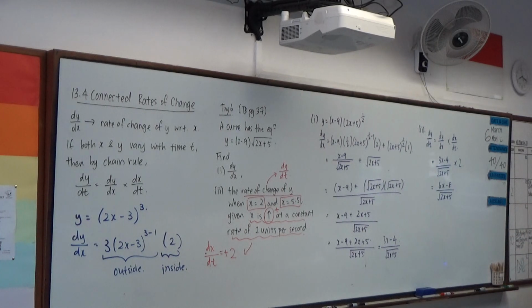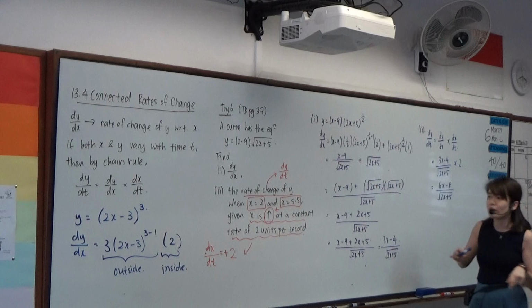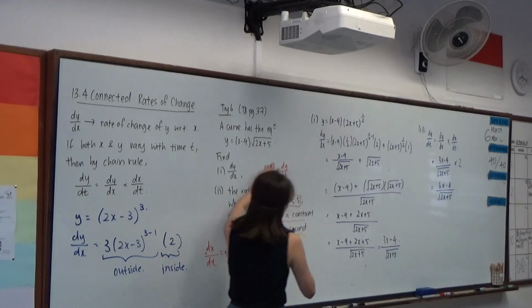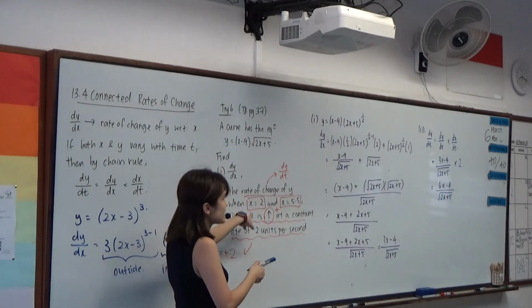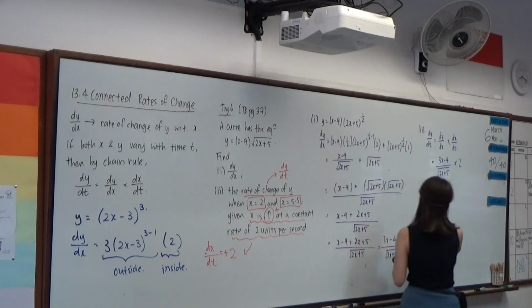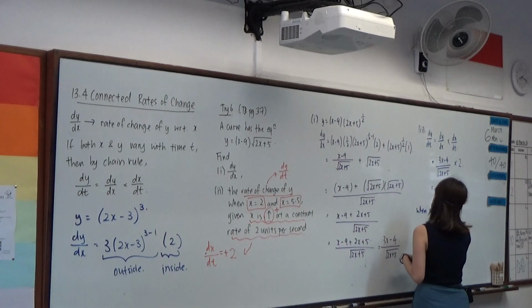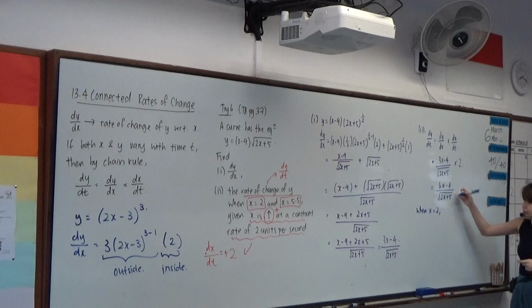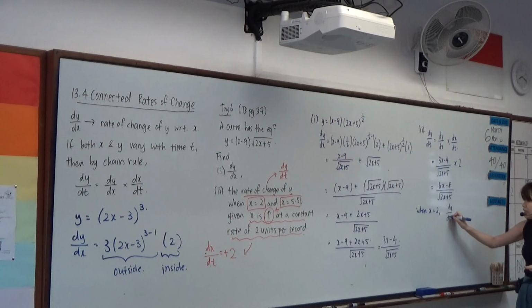But this is not the end, because the question wants you to find dy over dt when x equals 2.